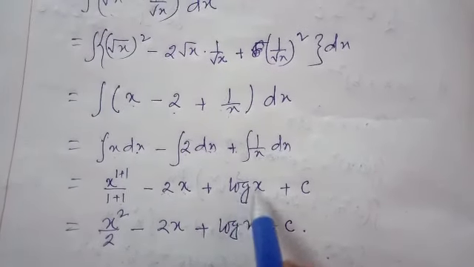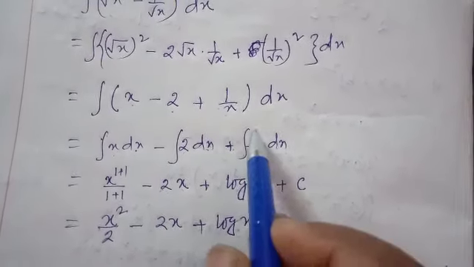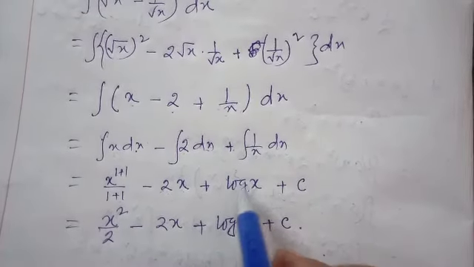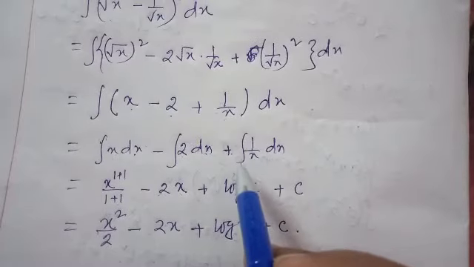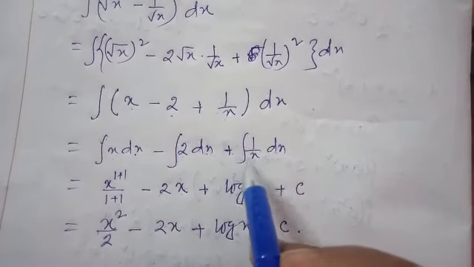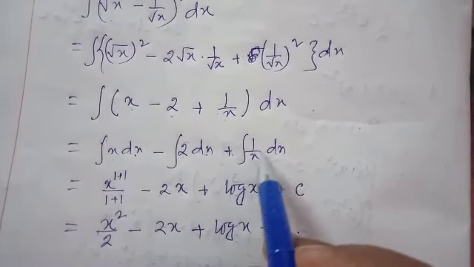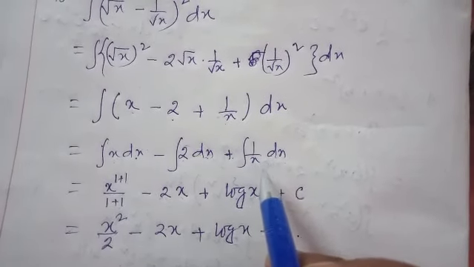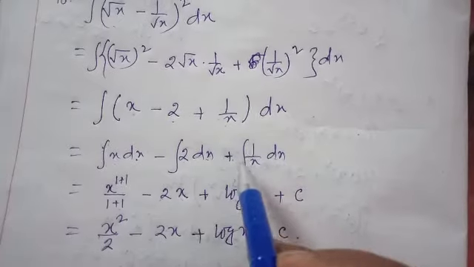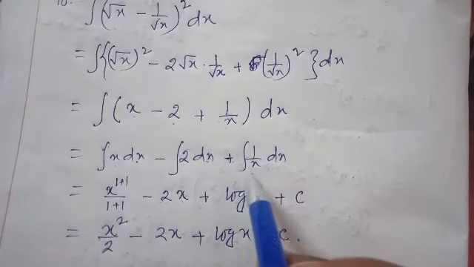And integration of 1 by x, its integration is log x. Already I told that formula, integration of x to the power n dx, this formula does not hold when n equals to minus 1. That is the different formula for that kind of sum.